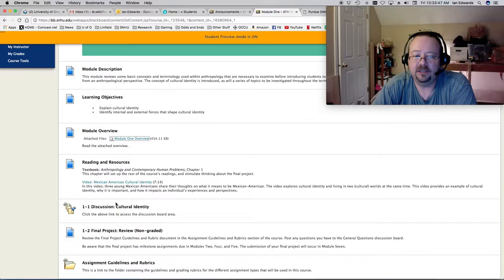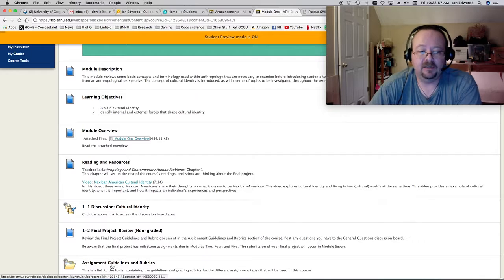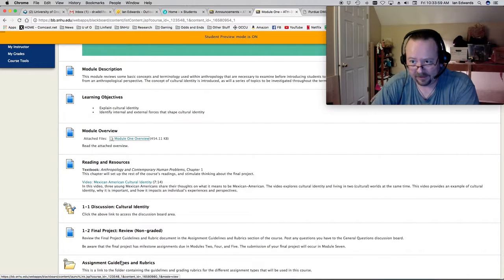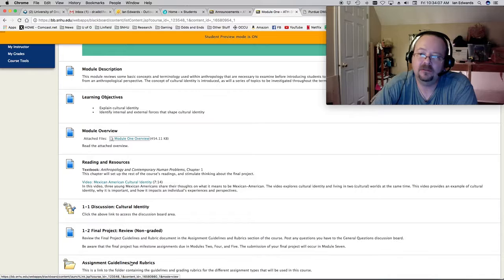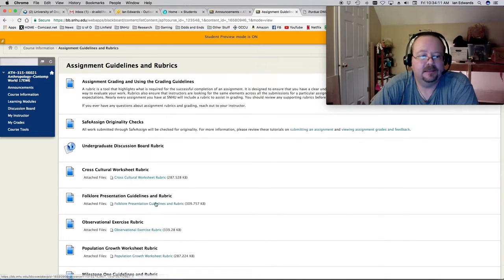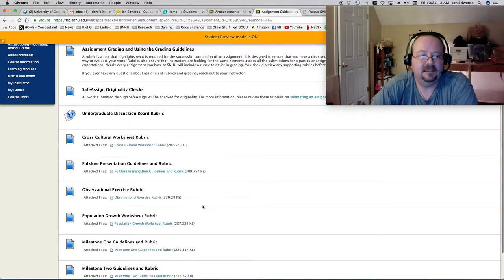You'll see your assignments and deliverables for that particular week listed down here at the bottom. And a key thing that you always, and I stress always, want to do is check out the guidelines and rubrics for that week's assignments. Okay? So let's take a quick look at one so you can see what I'm talking about.